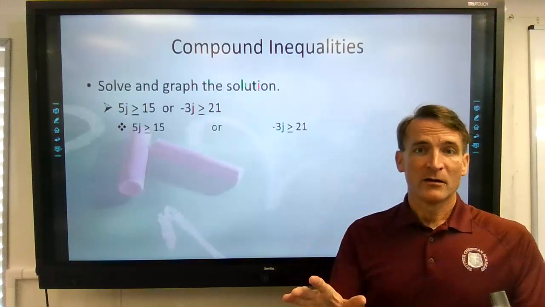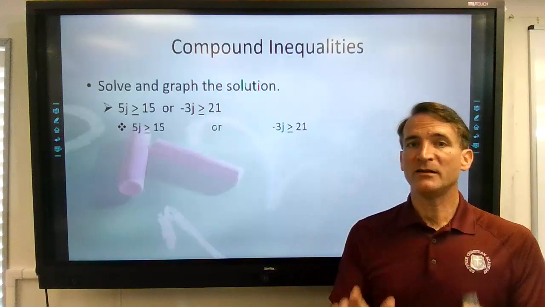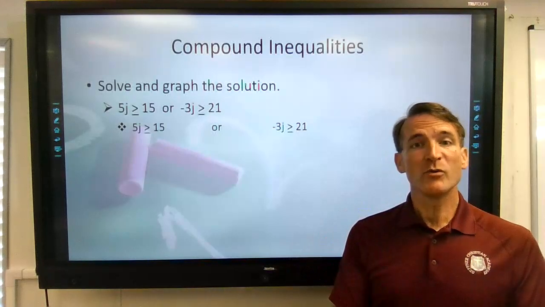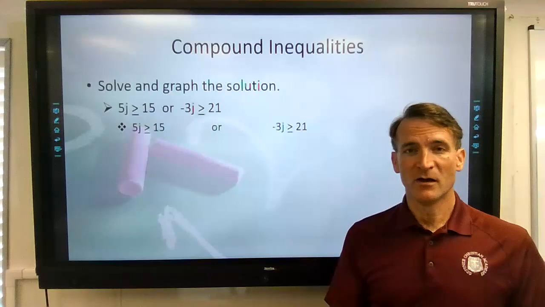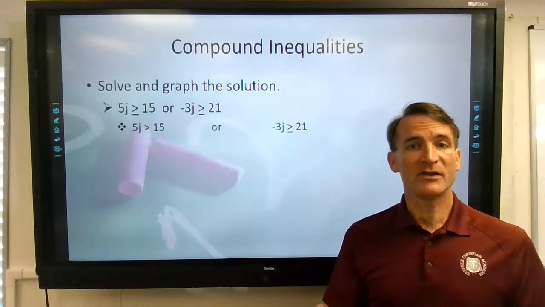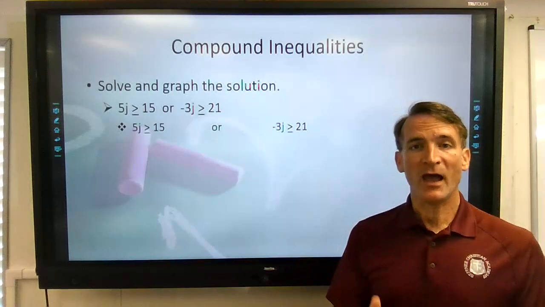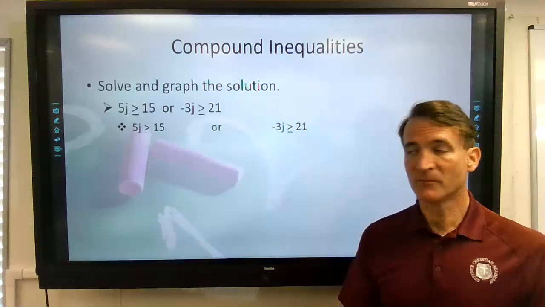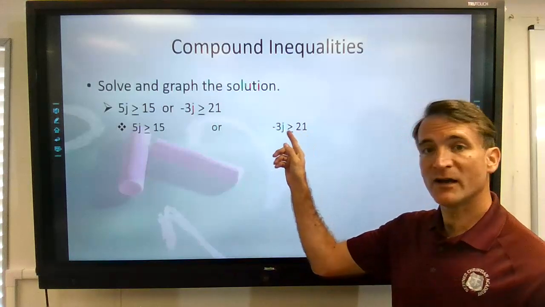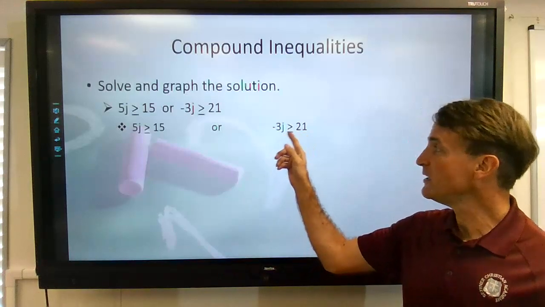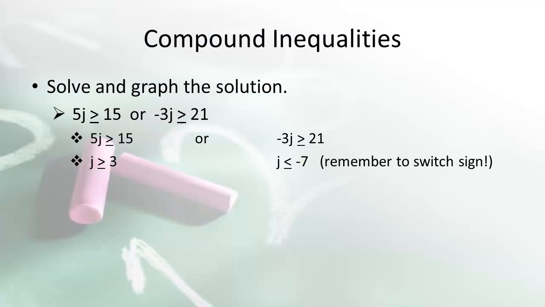Red flag, we're dividing by a negative number. What did we learn in the previous lesson? When we're dealing with inequalities and we divide or multiply by a negative, we have to flip the sign around. So when I do this one and I divide by -3, it becomes j is less than or equal to -7.